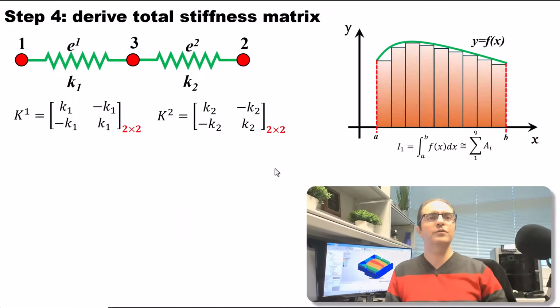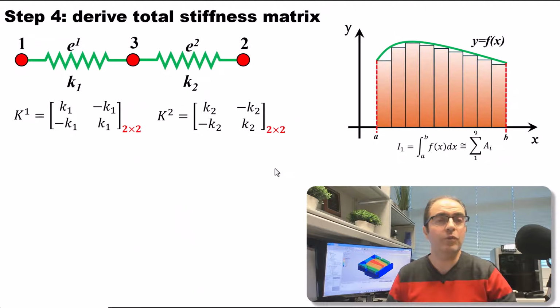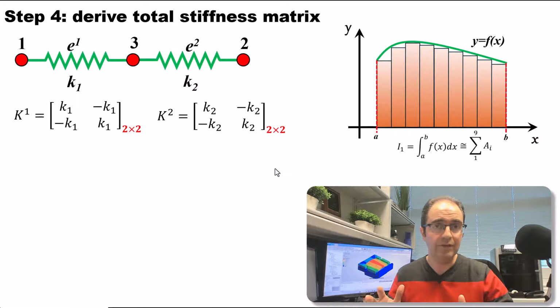Now let's go to step 4. In step 4 we want to derive the total stiffness matrix. So in step 3 we derive the stiffness matrix for a single element, but now we want to do this for all the elements and for the entire structure. This is equivalent to finding the total area under the curve when we do numerical integration.